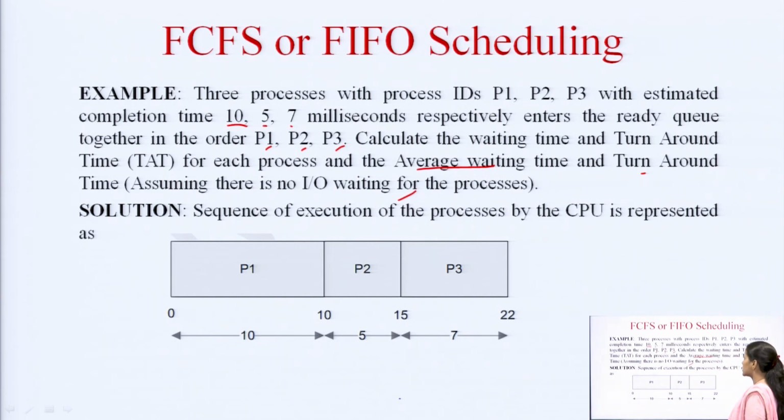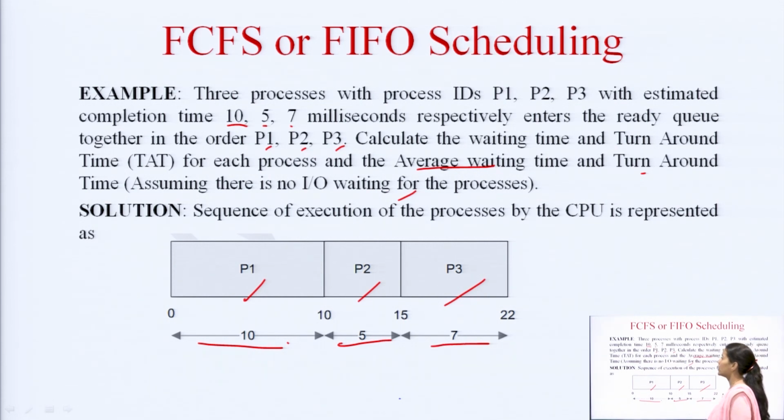So, first of all P1 will enter the queue, then P2 and then P3. The execution time for P1 is 10 milliseconds, for P2 it is 5 milliseconds and for P3 it is 7 milliseconds. Now, we have to calculate the average waiting time and average turnaround time for all the processes.